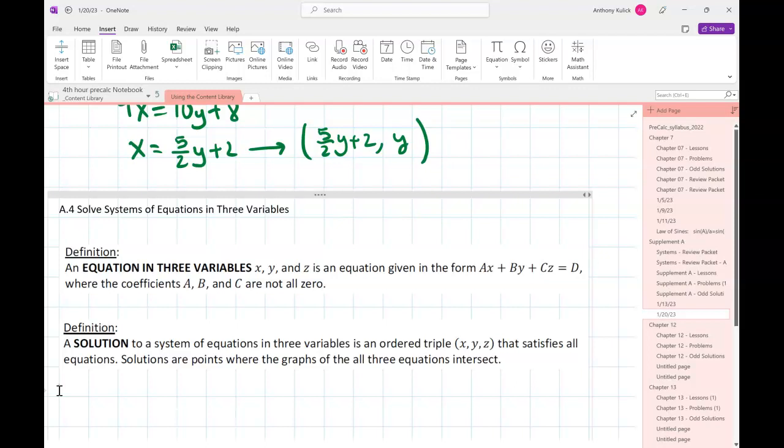If I'm going to graph something in a three-dimensional space, what does a three-dimensional space feel like? It's like a fish tank, like a big rectangle, right? Where there's length, width, and height. There's three dimensions to it. So when I graph an equation in a three-dimensional space, I'm going to get a two-dimensional object, like a plane.